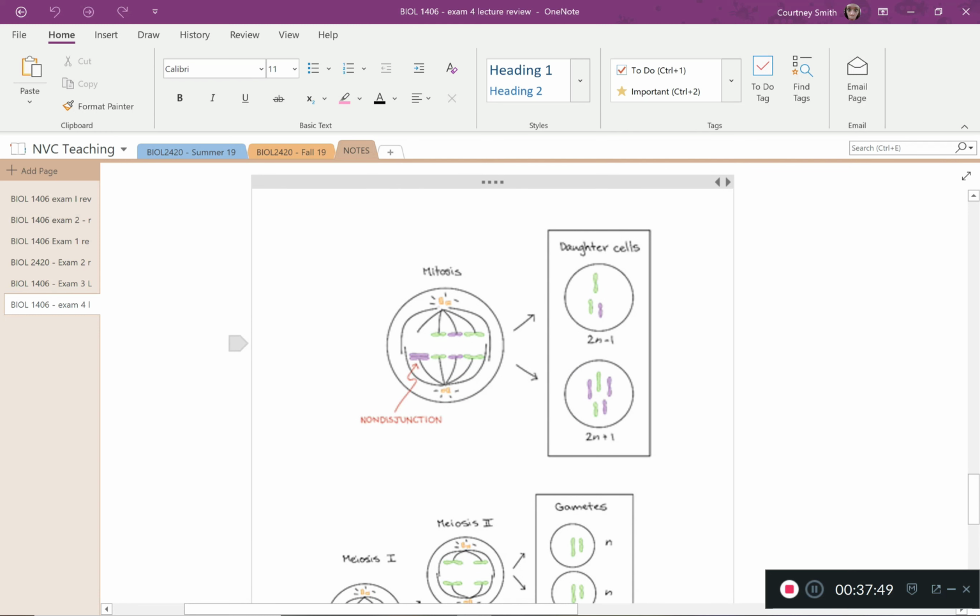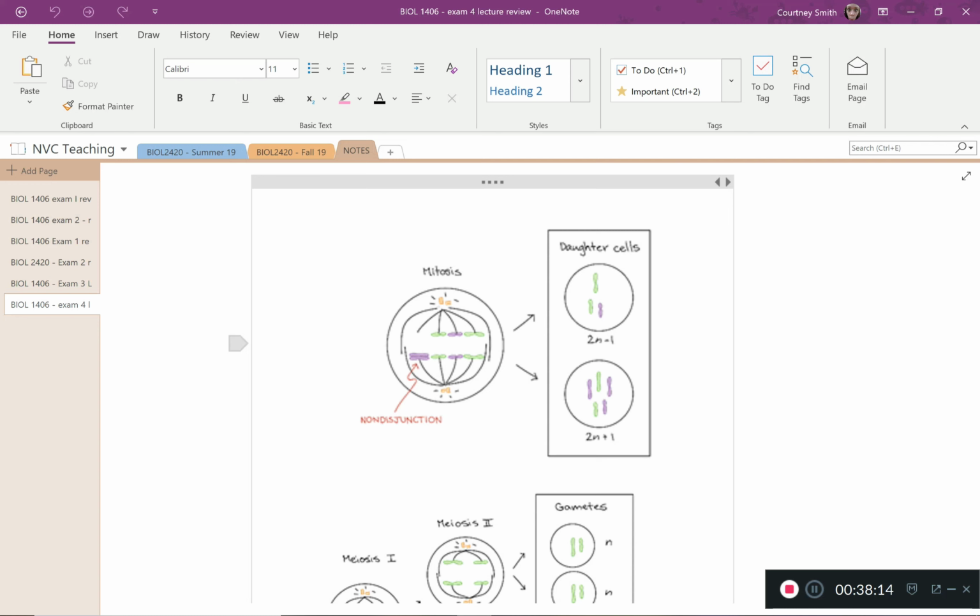Non-disjunction happens whenever the chromosomes don't separate properly. So this is a disorder where chromosome numbers are changed by non-disjunction, where a pair of homologous chromosomes or sister chromatids fail to separate in meiosis 1 or meiosis 2.